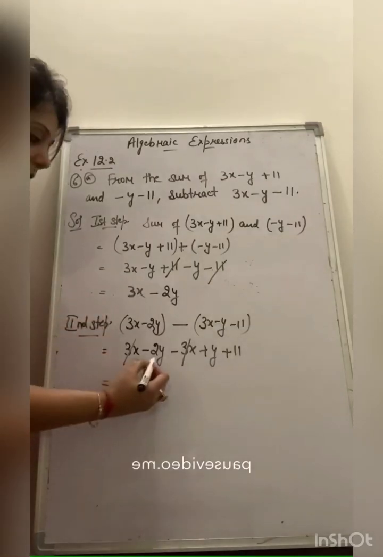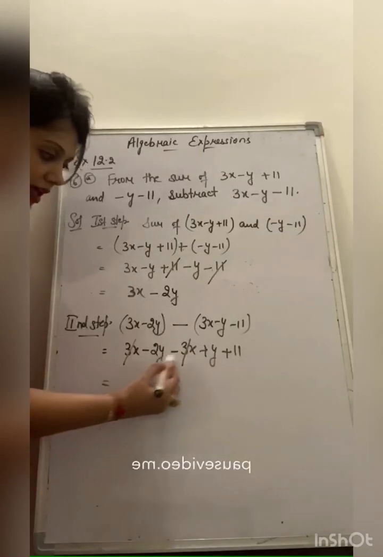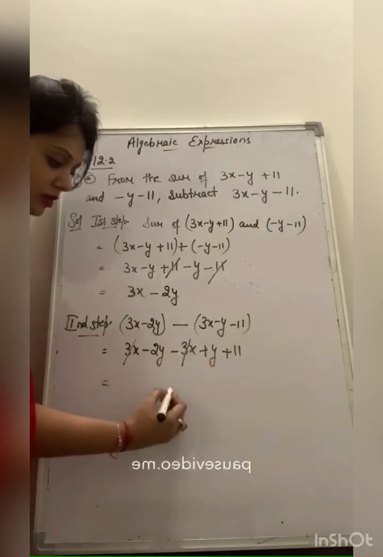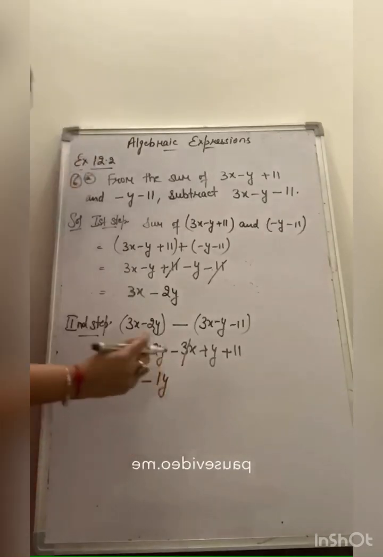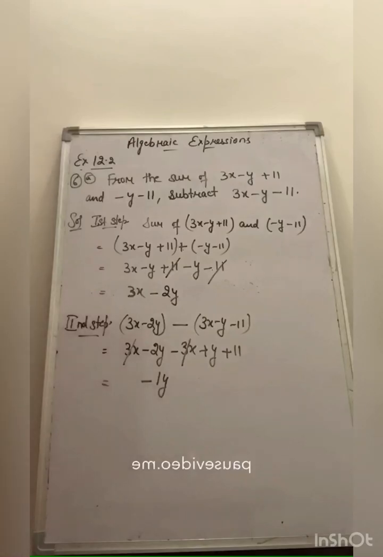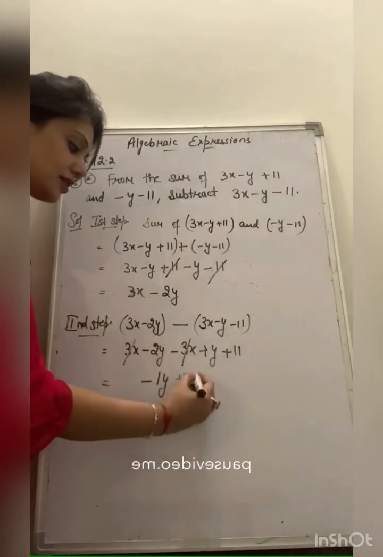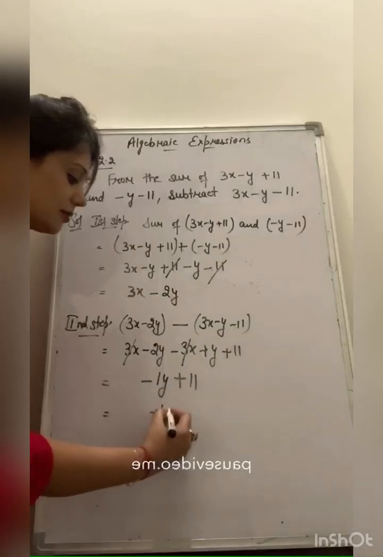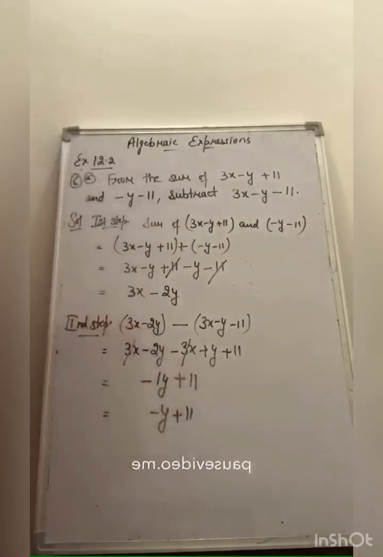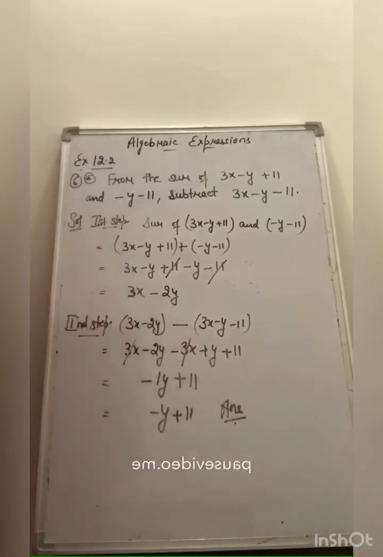Now minus 2y plus y will become minus 1y, or you can simply write y also. So minus 1y plus 11, right? Or we can write it as minus y plus 11. This is our answer, right?